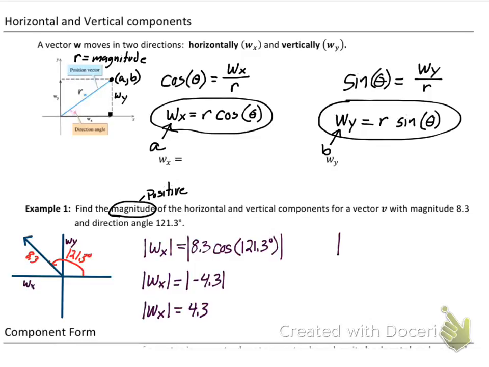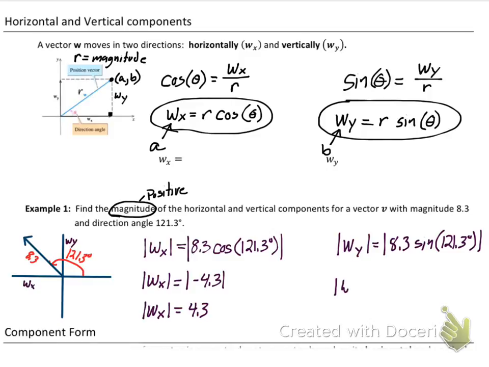So we're looking for the magnitude, which means it has to be the absolute value of our vertical. Well, it's almost exactly the same. The only difference is we're going to use sine instead of cosine. So we have the sine of 121.3 degrees. Once again, I'm just going to plug through so we can get through this.